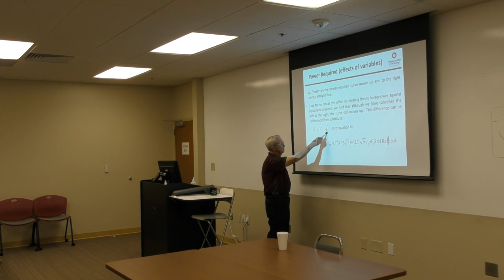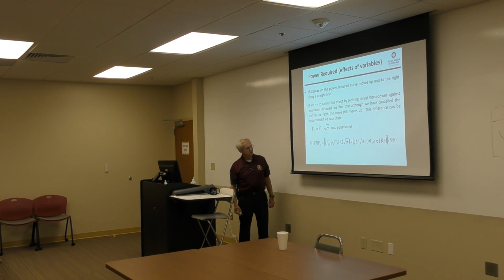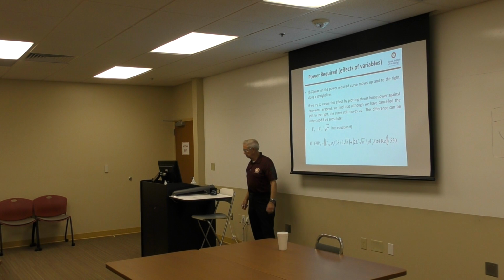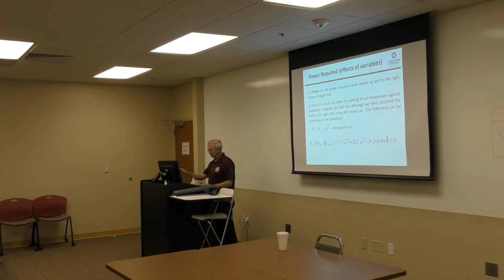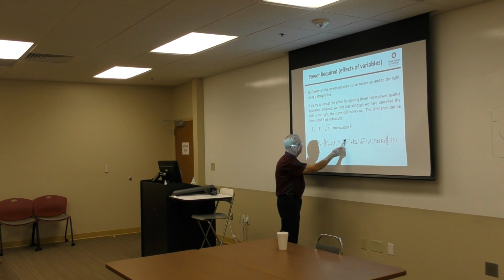Here's equivalent airspeed. True airspeed is equivalent airspeed divided by the square root of the density ratio sigma. And here is the thrust horsepower required curve in equivalent airspeed. Notice it's picked up sigma, or square root of sigma.